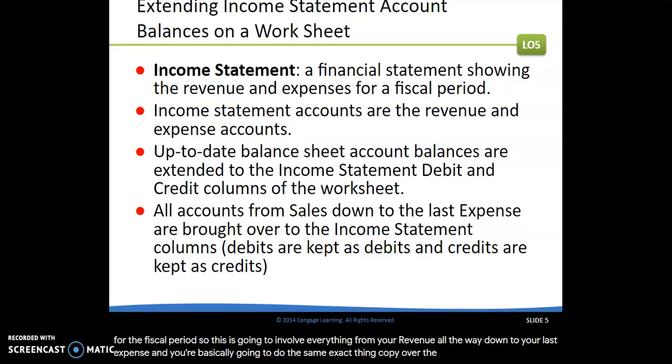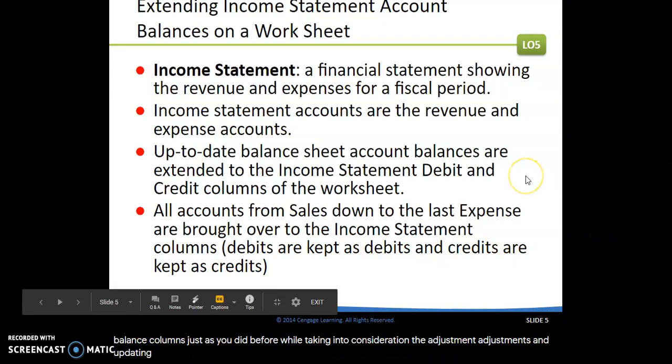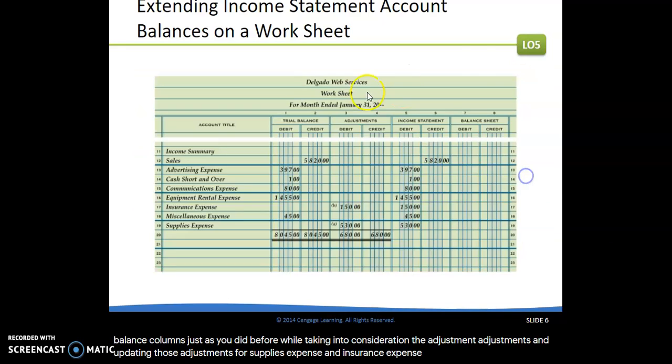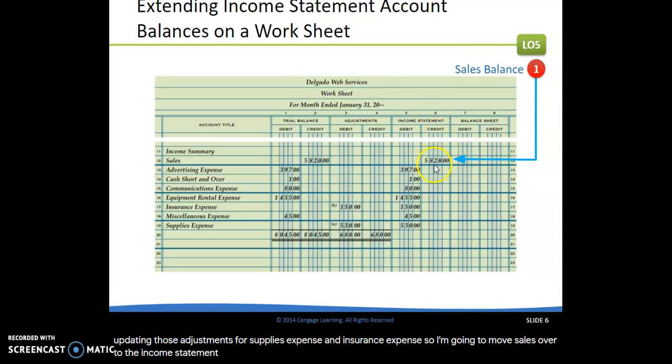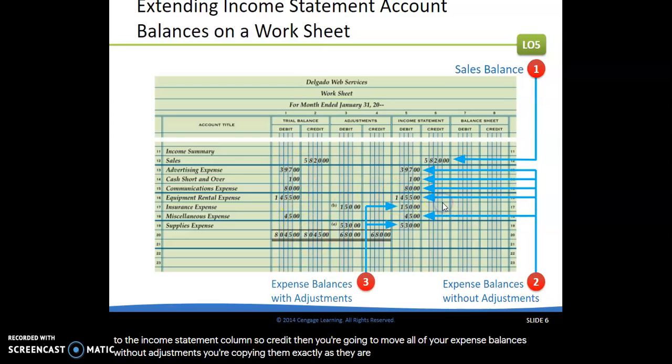Copy over the balances from the trial balance columns, just as you did before, while taking into consideration the adjustments and updating those adjustments for supplies expense and insurance expense. So I'm going to move sales over to the income statement column, so credit. Then you're going to move all of your expense balances without adjustments. You're copying them exactly as they are. Then the expense balances with adjustments.